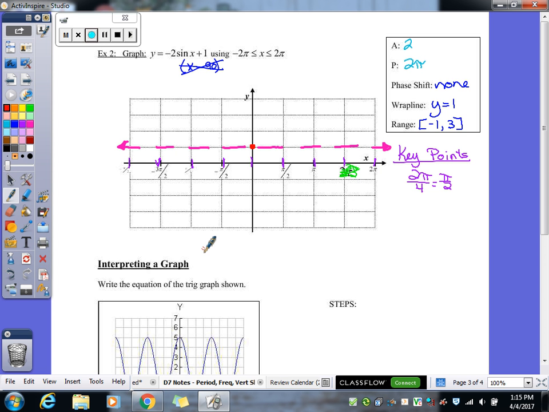So then our curve would go up normally, but because it's negative, which way is it going to go this time? Down first. So it's going to go down 2 from your line here, your wrap line. And then back up to the line. Then up 2 from the line. And then back to the line.